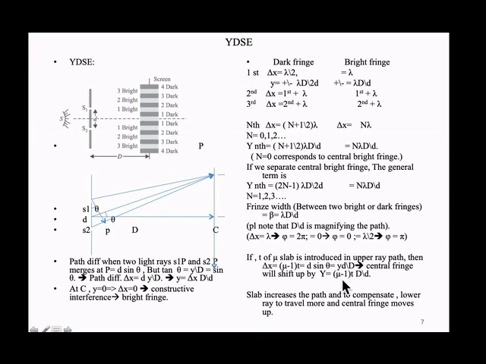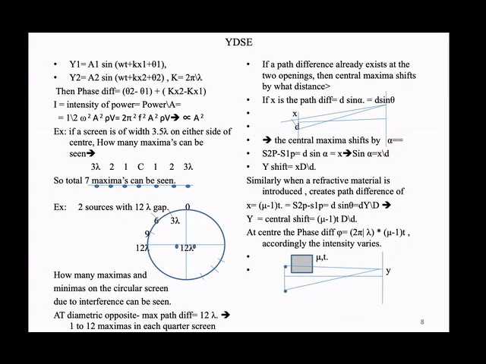In that case, the central fringe will not come at 0. It will come slightly up. Why? Because here it is traveling more, so to cover the extra distance, the fringe shifts upwards. This we have already discussed.